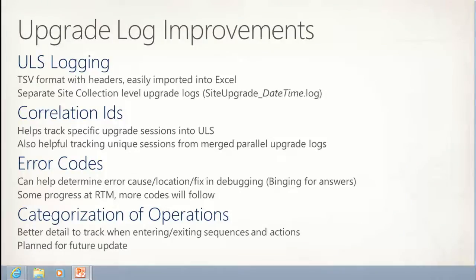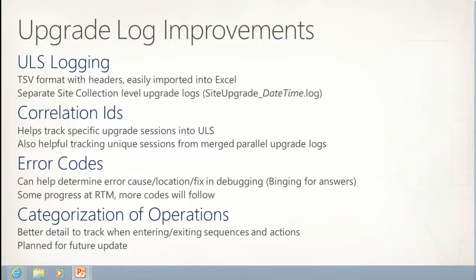And then if you want to categorize through these, one of the things that we've done, and I'll say we're planning it for a future update, but it's being worked on, I do expect it sometime in the near future, is to give a little bit more detail about when you're entering into a particular sequence or action and when you're exiting it.